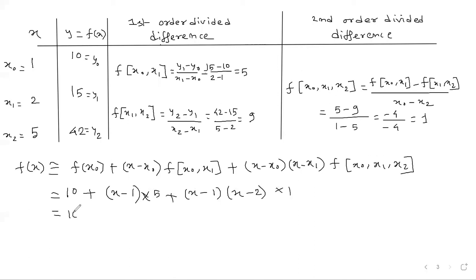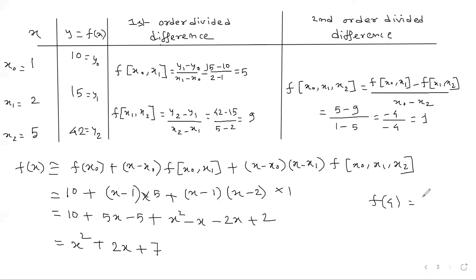So if we simplify, we get 5x minus 5 plus x square minus x minus 2x plus 2, which is equal to x square plus 2x plus 7. So this is the polynomial. And here if I want to find f of say 4, then we just need to substitute x equal to 4 over here. So this is how we apply Newton's divided difference interpolation.